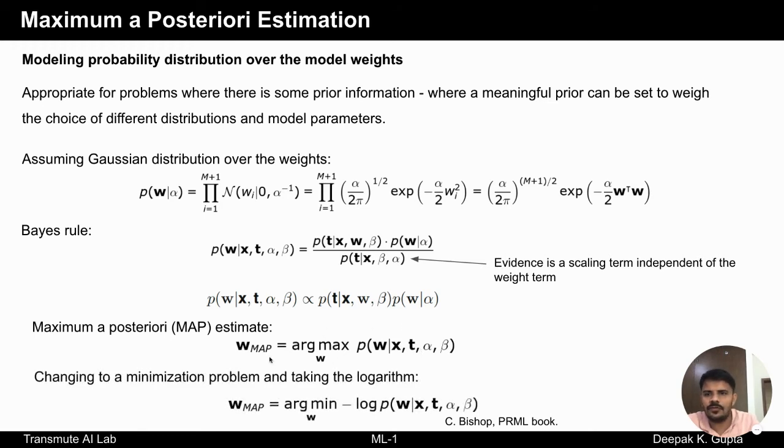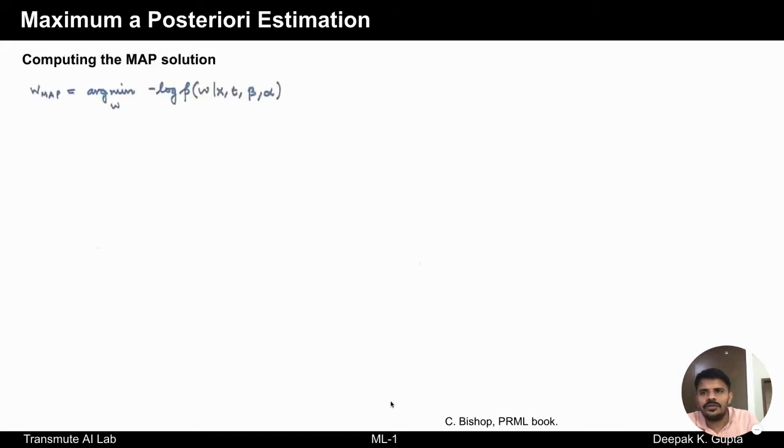Since we want to pose it as a minimization problem, we put this as argmin of minus times the function. We also want to minimize the logarithm, so we put it as minus times log of this function. Now, let's try to compute the MAP solution.